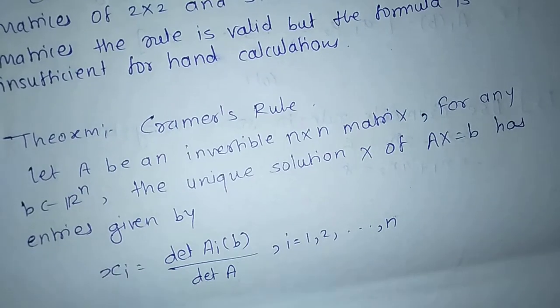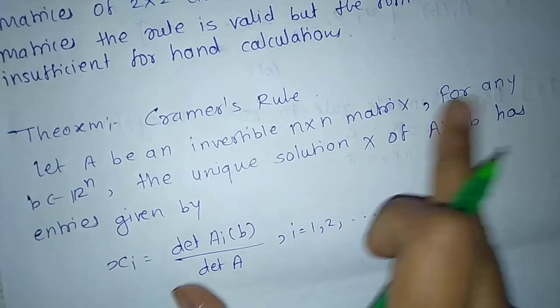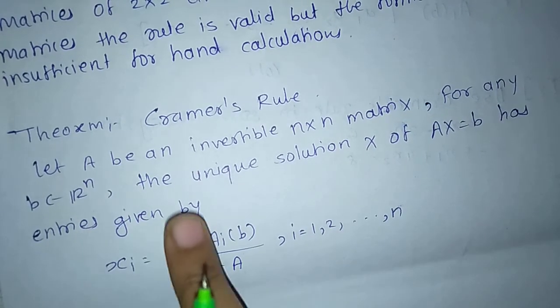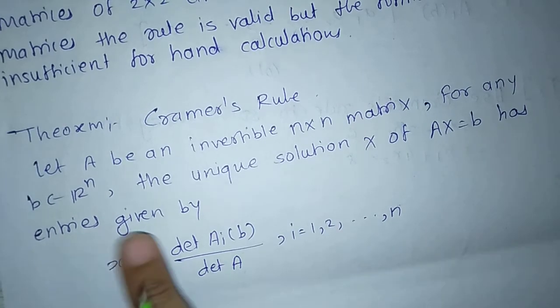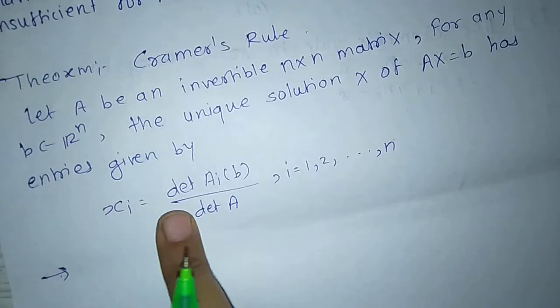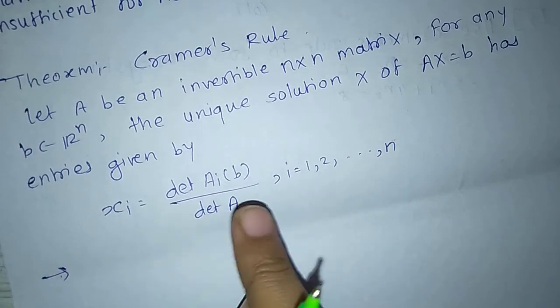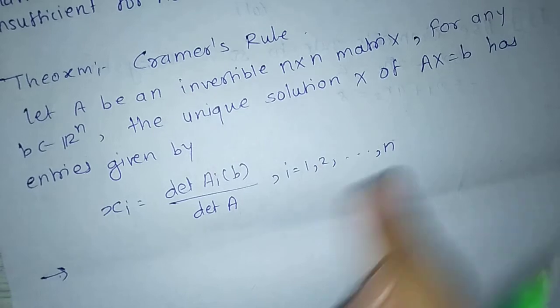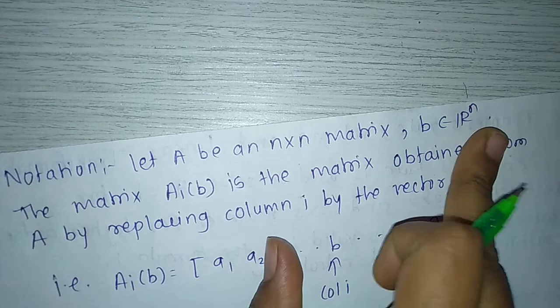Next theorem, Cramer's rule. Let A be an invertible n by n matrix, for any B belongs to Rn. The unique solution x of A x equal to B has entries given by x_i equal to determinant of A_i(B) upon determinant of A, i running from 1 to n. A_i(B) means, let A be an n by n matrix, B belongs to Rn.